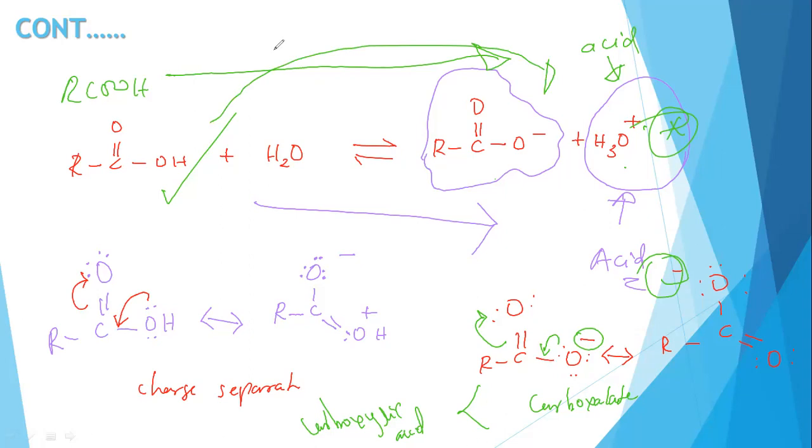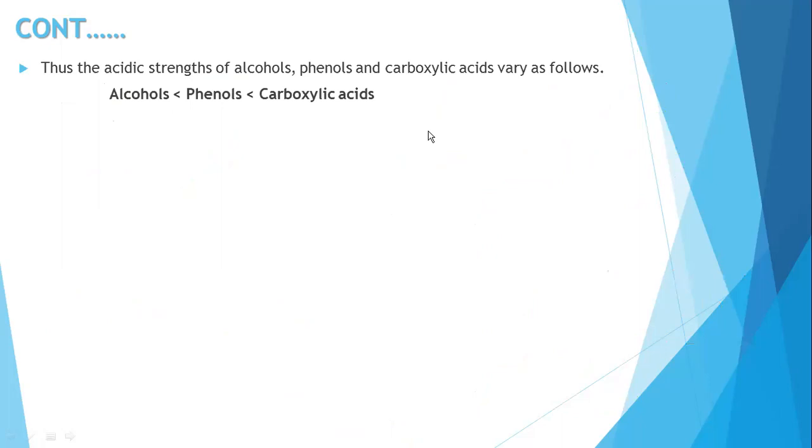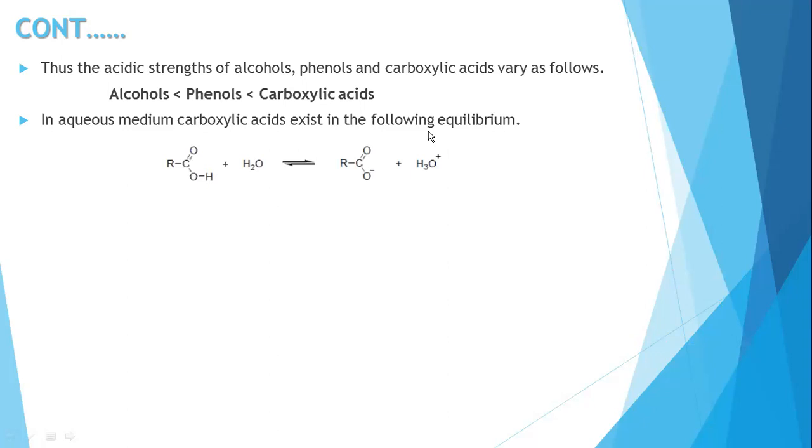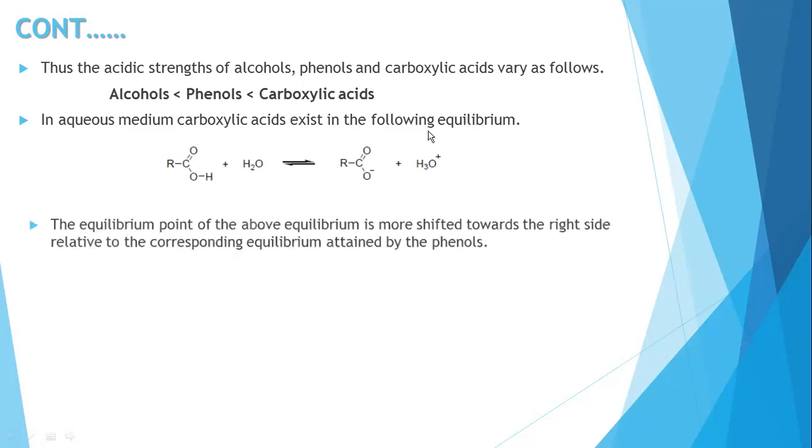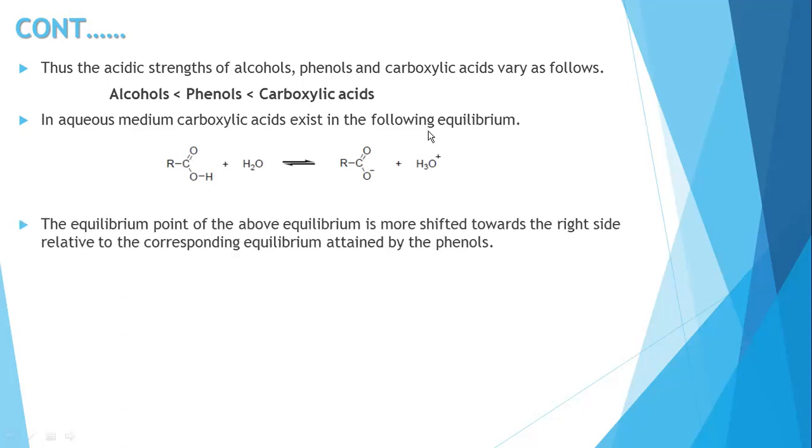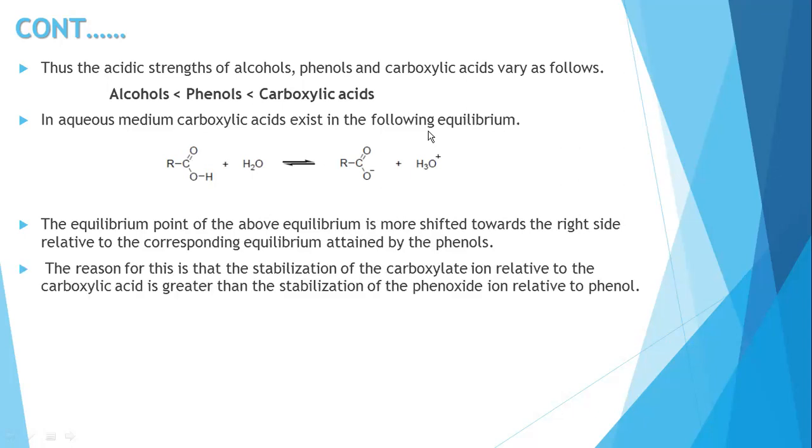Okay, again, a recall. We spoke about the carboxylic acid in an aqueous medium, and I already explained the reaction mechanism. At equilibrium, we said it's always shifted more towards the right side. Why is it so?